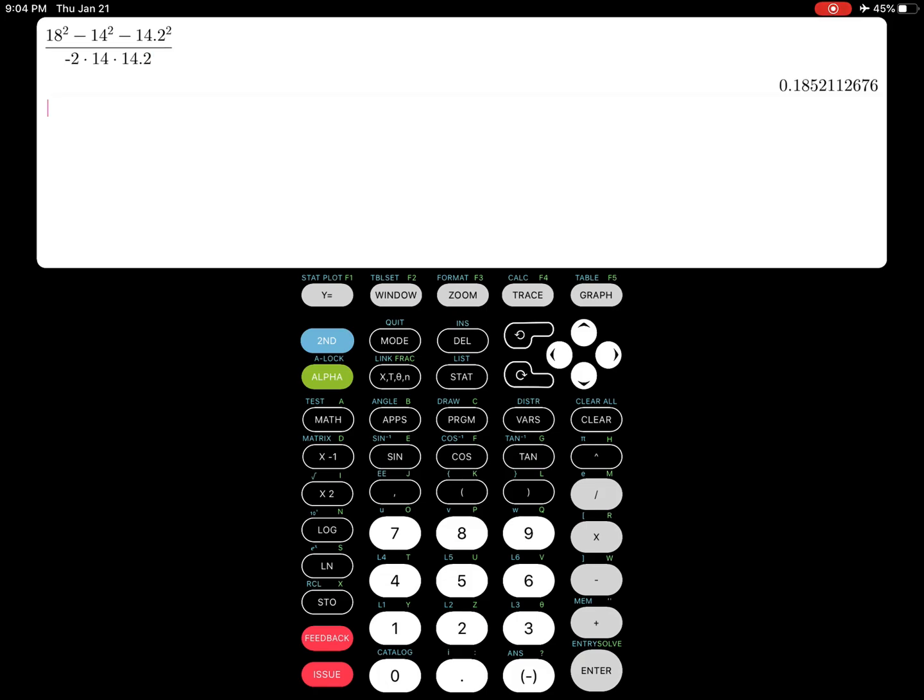Okay, and now we're going to have to take the inverse cosine of that. So 0.185, let's say, to the thousandth.